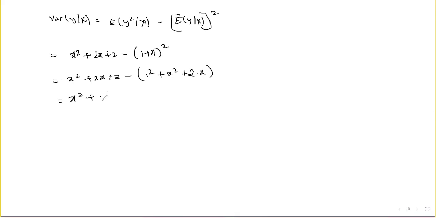So x square plus 2x plus 2 minus 1 minus x square minus 2x: x square gets cancelled, 2x minus 2x gets cancelled, and 2 minus 1, the answer is 1, right? So here the variance of y given x is 1. So I hope this example is clear.